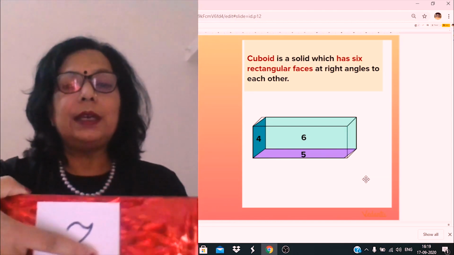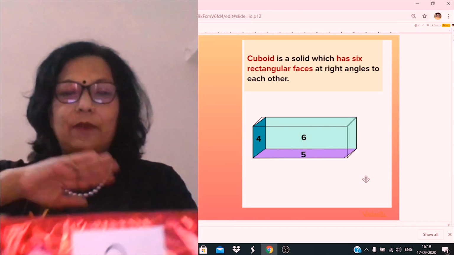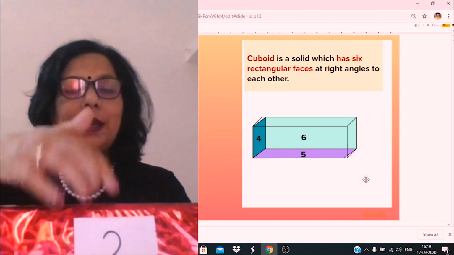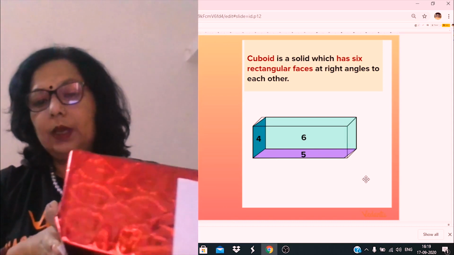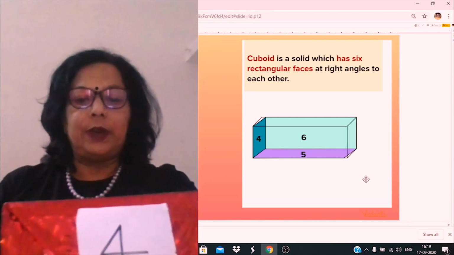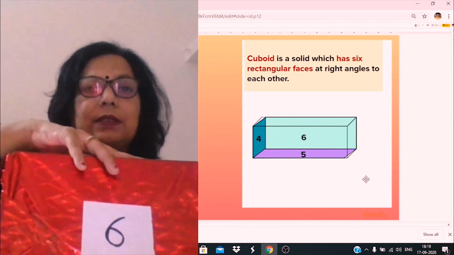Opposite to this is another face, also rectangular, having the same dimensions. So 1 and 2 are the same rectangular faces. Then the third face is this side, the fourth face this side, 5 is this and 6 is this.